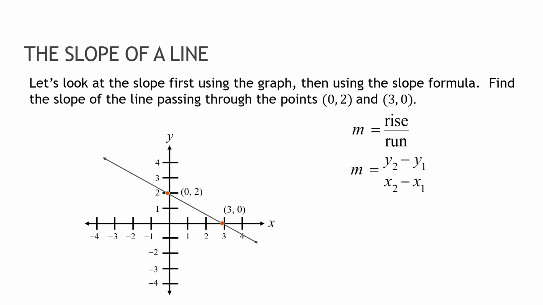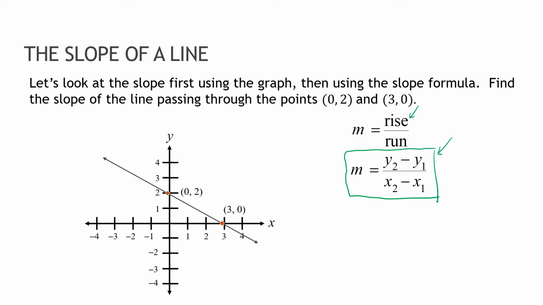So let's take a look. Obviously we can see that this line happens to be a negative slope. So if I get done and I end up with a positive slope, I've done something wrong. This line is pointing down as we go from left to right. I'm going to use the slope formula, which I have recopied for you here. And remember, the slope formula just says we're trying to find the rise, which is how far did it go up and down, which is why we're taking y2 minus y1.